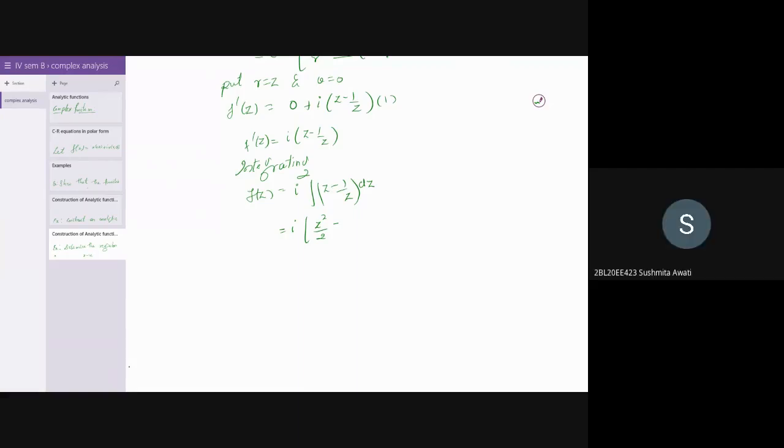Minus, what's the integration of 1 by z? 1 by z square? No. Log z. Yes. You are integrating here, not differentiating. Integration of 1 by z gives log z, plus a constant c. So this is our f of z.